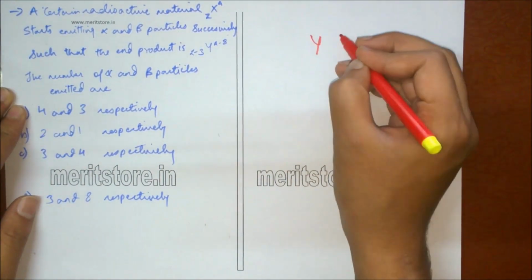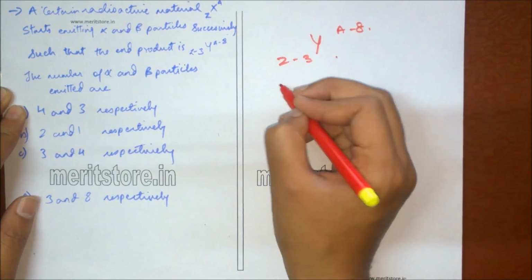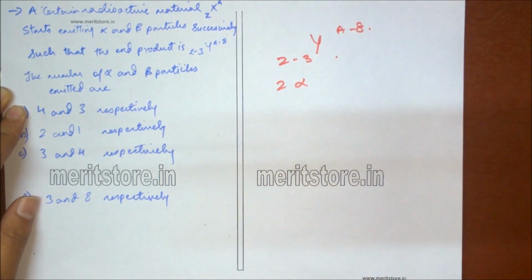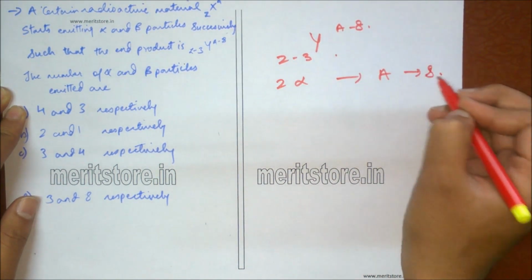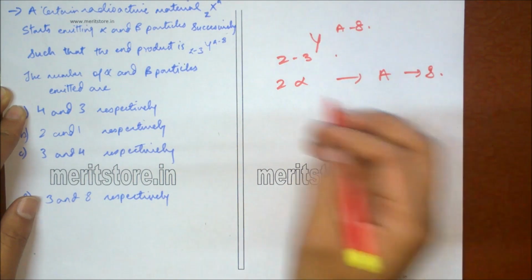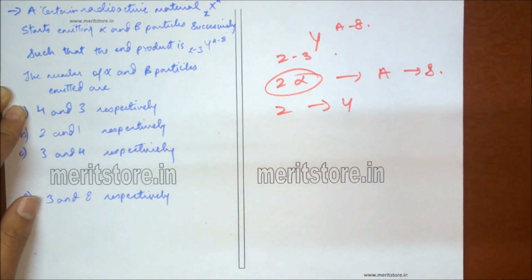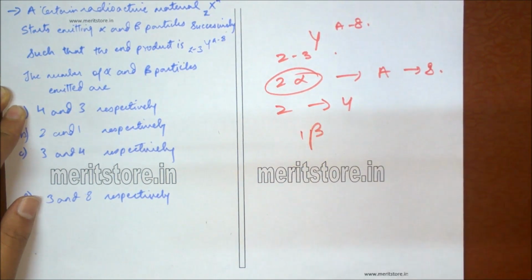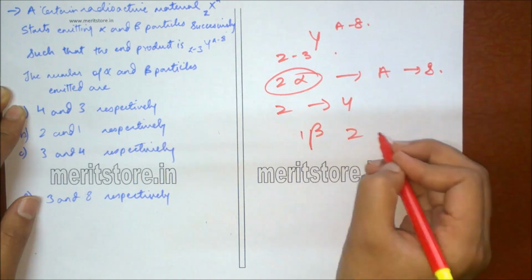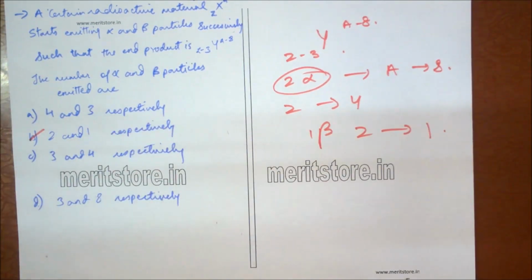So for Y, A minus 8, Z minus 3: 2 alpha particles have been emitted, decreasing A by 8 and Z by 4. This is for 2 alpha particles, and 1 beta is emitted, increasing Z by 1. So option B is the correct answer.